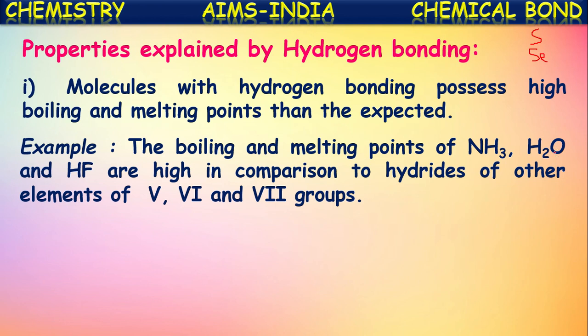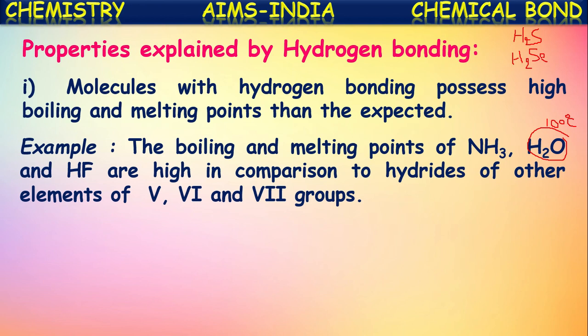Now, this is a hydride of oxygen. What will be the hydride of sulfur? H2S. It is called hydrogen sulfide. H2Se, hydrogen selenide. So, in this way, they are the hydrides of the other sixth group elements. If we compare these all, the boiling point of water is very high. It is around, as we know, 100 degrees Celsius.